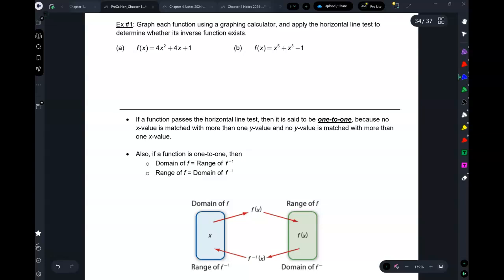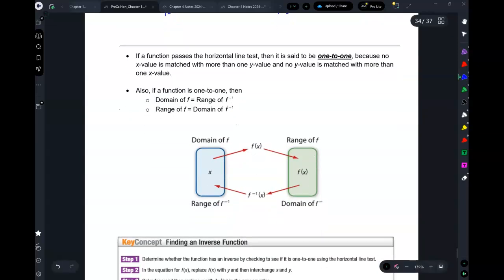This one's an even function, so it does not have an inverse function, but this one does. If a function passes the horizontal line test, then we say it's 1-to-1. That literally means for each x there is one y, and for each y there is one x.